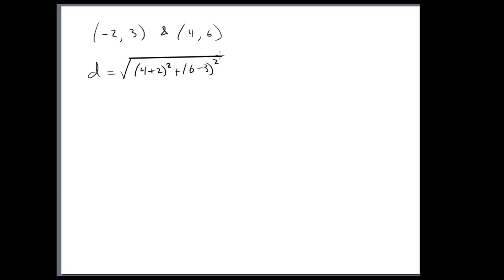So that's 6 squared plus 3 squared, the square root of 45. So it's not clean. Square root of 45, that's 9 times 5, so this is 3 square roots of 5. And it's not always clean.